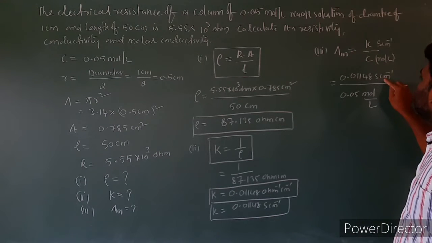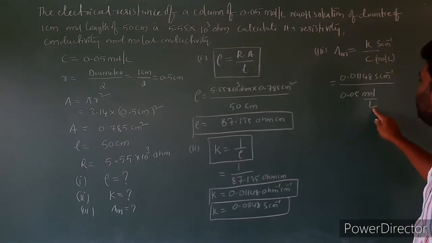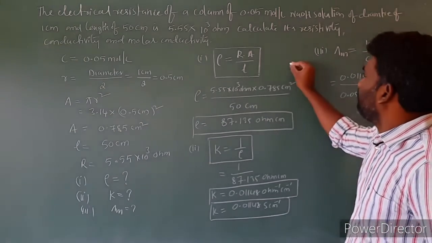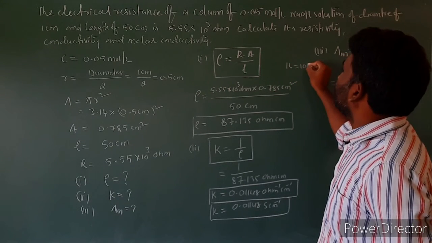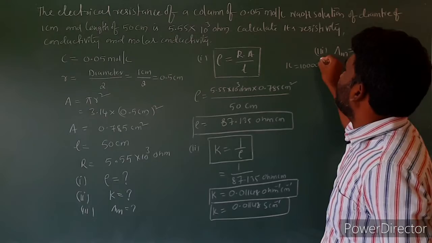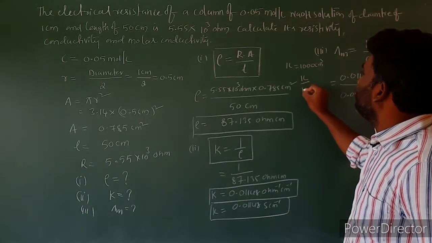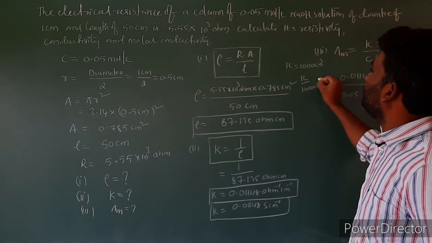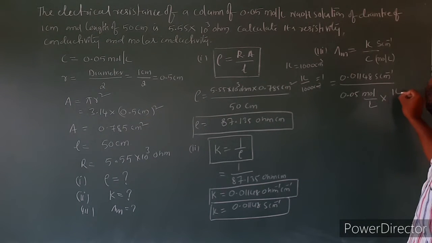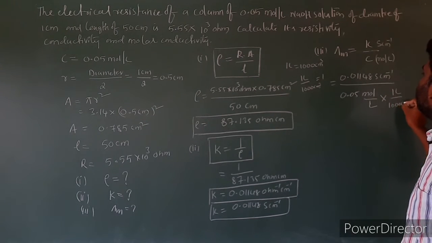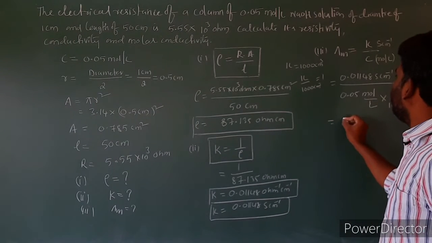But the problem here is centimeter is there in K, and liter is there in C. So we have to convert liters into centimeter cube. We know that 1 liter is equal to 1000 centimeter cube. Then 1 liter by 1000 centimeter cube is equal to 1, so I am multiplying by 1 liter by 1000 centimeter cube.